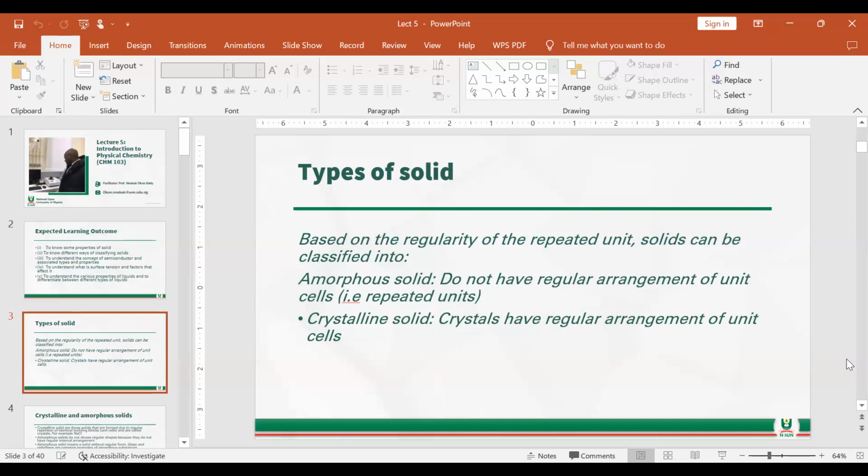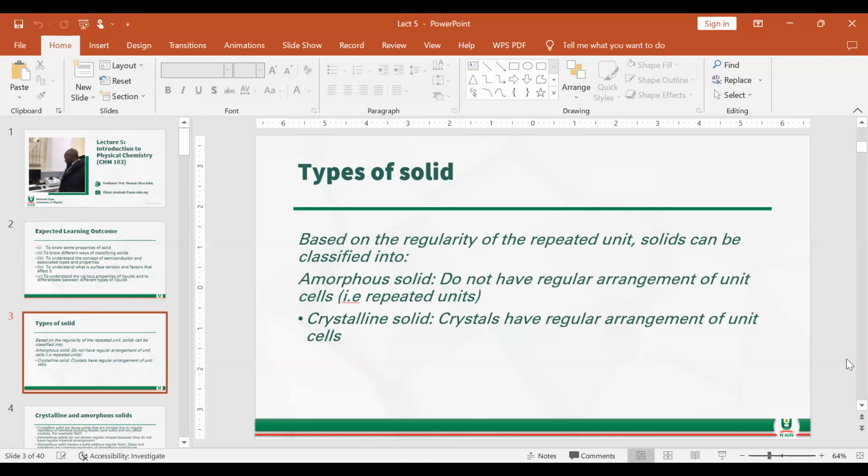So that repeated unit is what we call a unit cell. So based on the way they are arranged, if they are arranged regularly, like tiles, after this one you put the next one, and they go hand in hand. That regular arrangement forms what you call a crystal. But if they are not regularly arranged, it is called an amorphous solid.